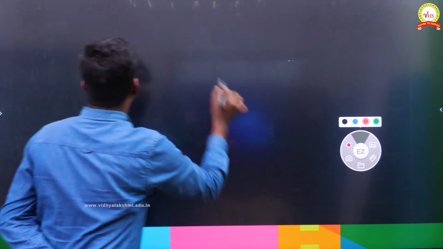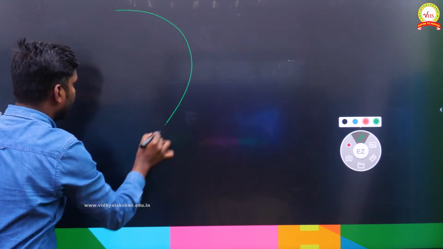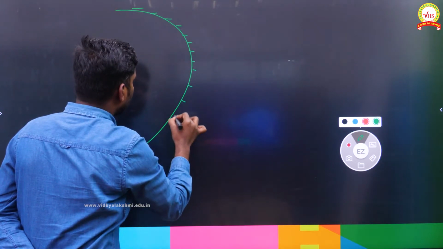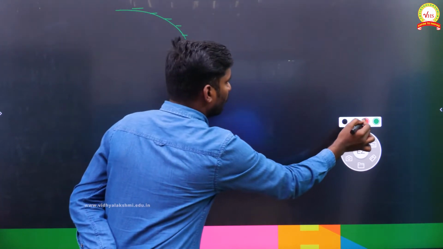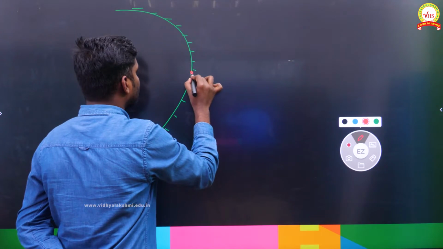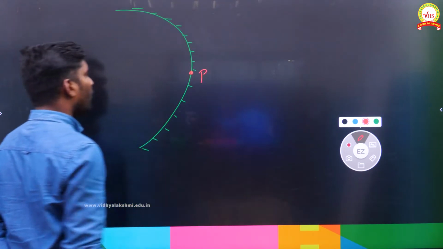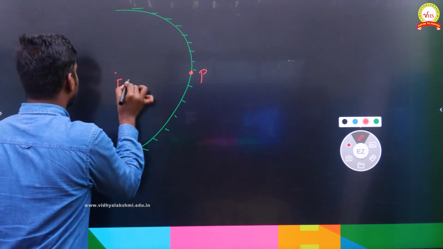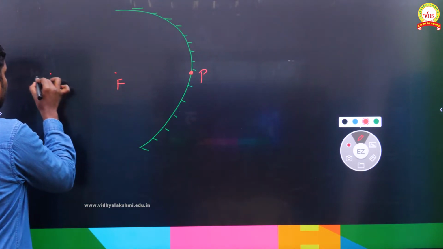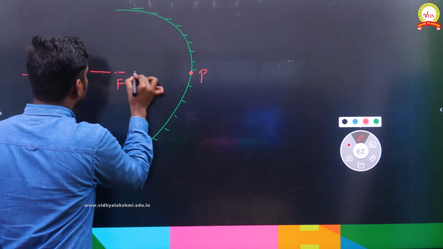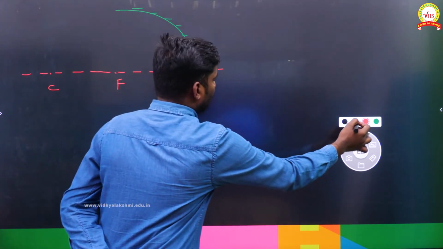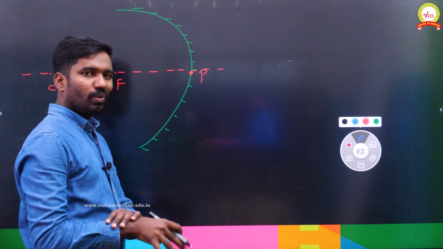We'll just take a concave mirror. So we know that the center point of the concave mirror is going to be the pole. So this point is considered as the pole of the concave mirror, and this point is going to be somewhere over the focus, and this point will be our center of curvature and principal axis. So based upon the first rule, we'll just solve one question alone.